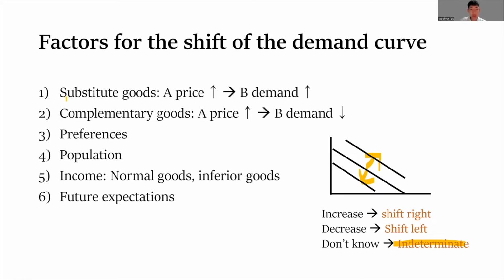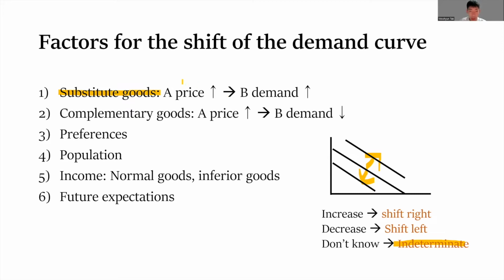And the first factor is substitute goods. Substitute goods means two goods that can be replaced with each other. For example, orange and apple, Coke and Sprite, and coffee and black tea.